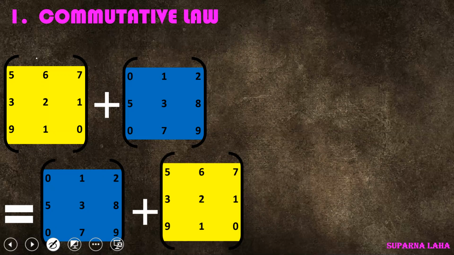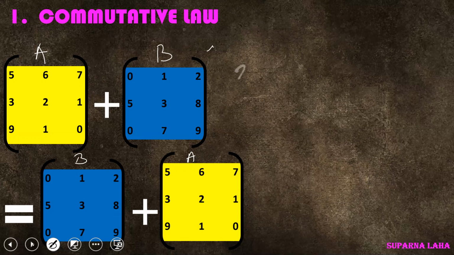So here I am taking these two matrices A and B. In the first line we are adding A with B, and in the second line we are adding B with A. Now what is addition? We know that we just need to add their corresponding elements. So whether we take B first and A second, or A first and B second, that does not affect the ultimate addition.